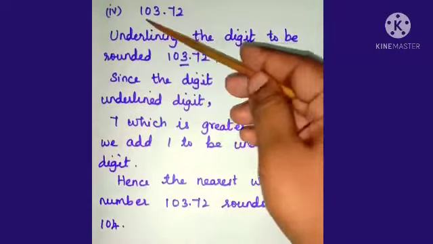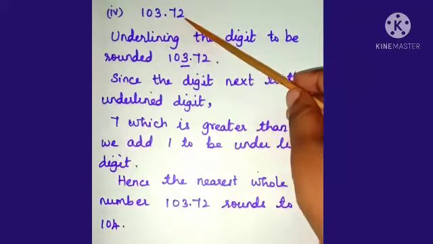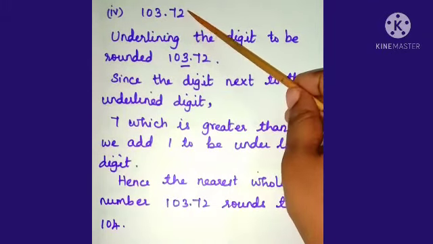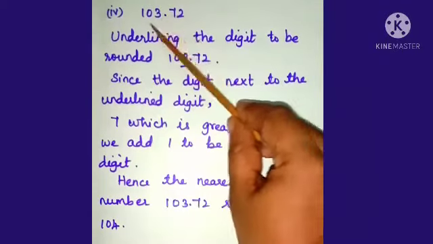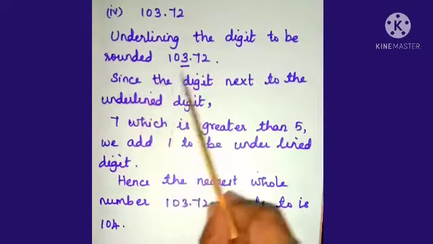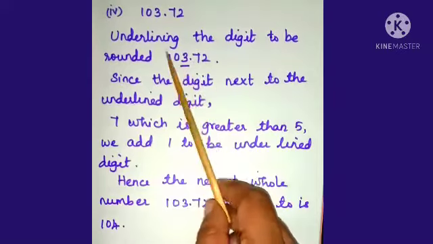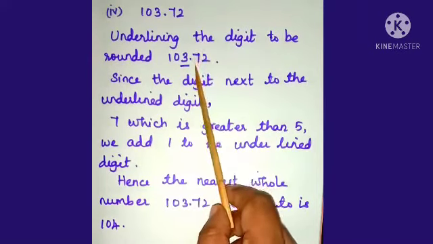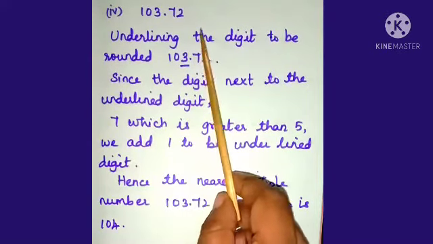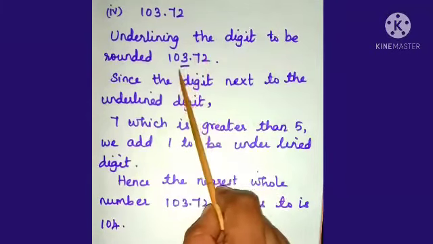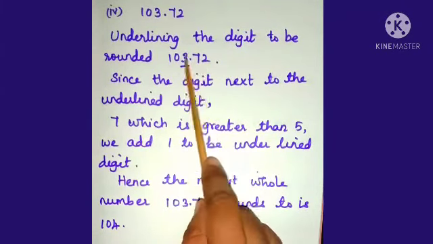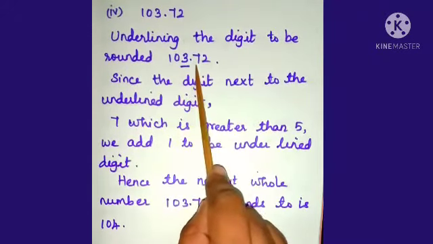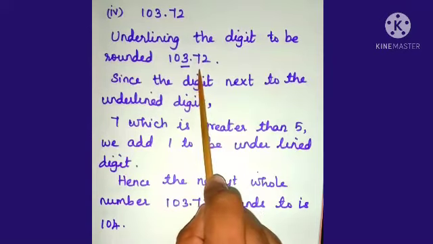Children, now let us see 103.72. So here we are going to round off the whole digit. So first underline the digit to be rounded, and then look at the digit to the right of the underlined digit. Here the digit which is right of the underlined digit is 7, and check whether it is less than 5 or greater than 5.